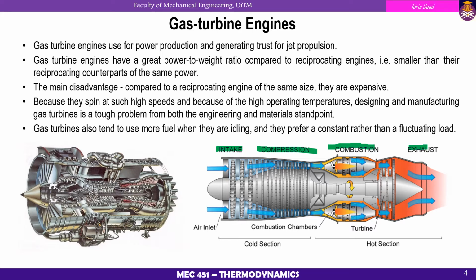What is meant here is that all of the processes of the power cycle, including intake, compression, power, and exhaust, are performed by the piston cylinder device while the piston is moving from top dead center to the bottom dead center and vice versa.